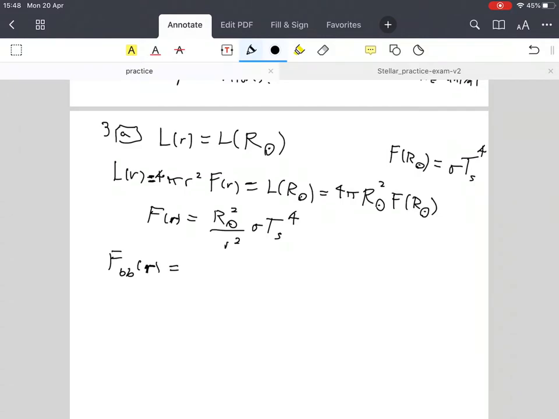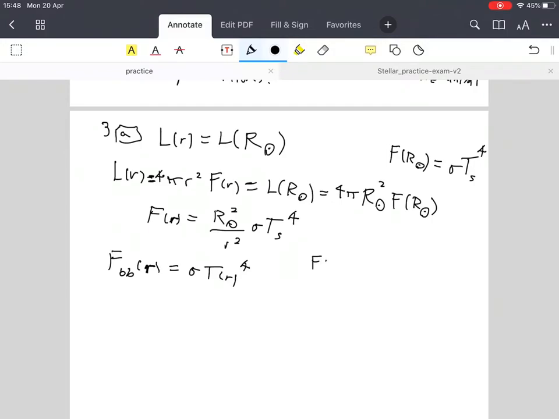And on the surface, it's kind of apparent that we are measuring the flux flowing outwards, and we can't actually see the flux interior. So this flux is hidden from us, but it's due to that temperature at that position. So this is sigma T of R to the fourth power.